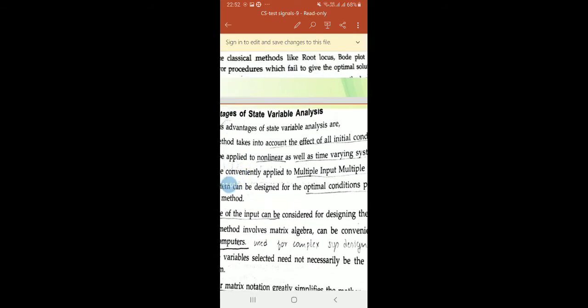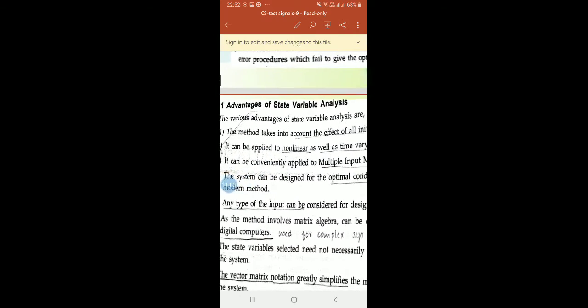This technique which uses the concept of state is called state variable analysis or state space analysis, which is essentially a time domain approach but has a number of advantages compared to conventional methods of analysis. Next, we will see the advantages of state variable analysis.